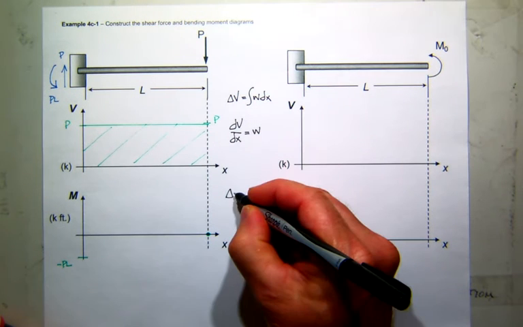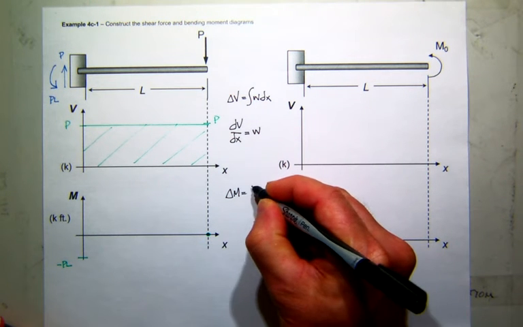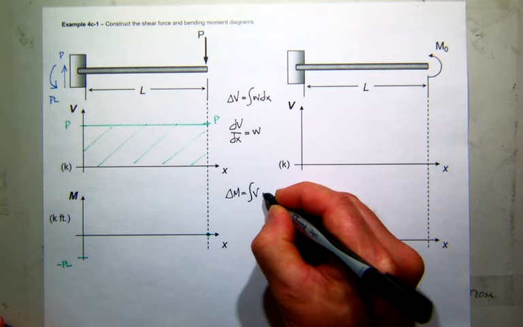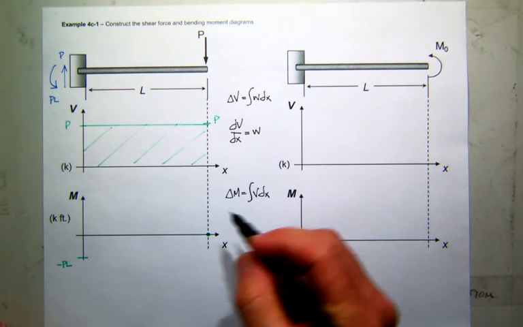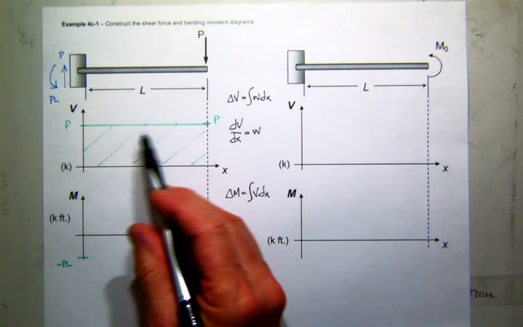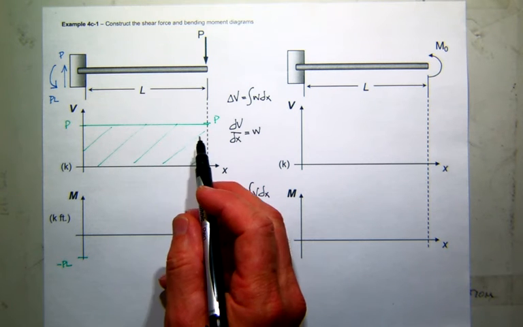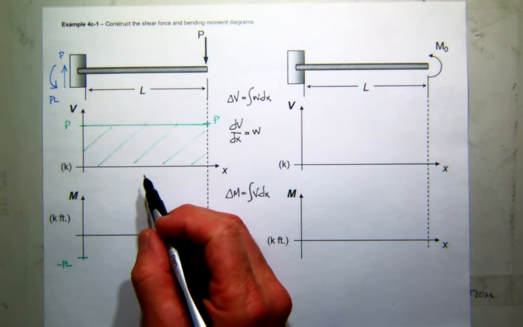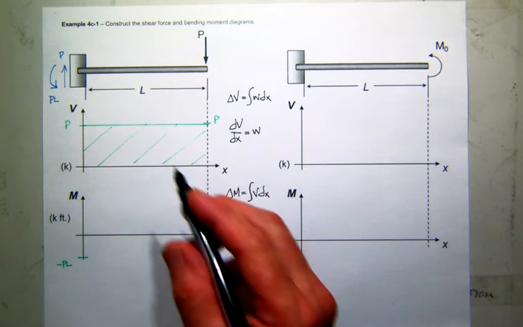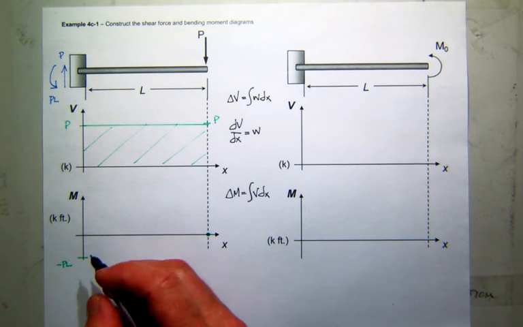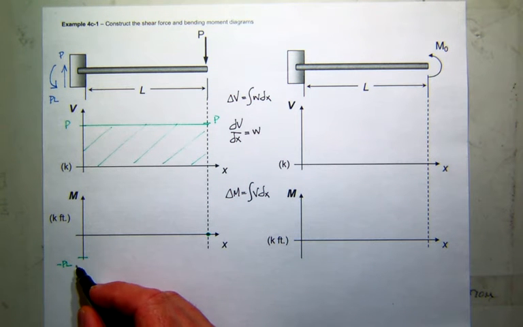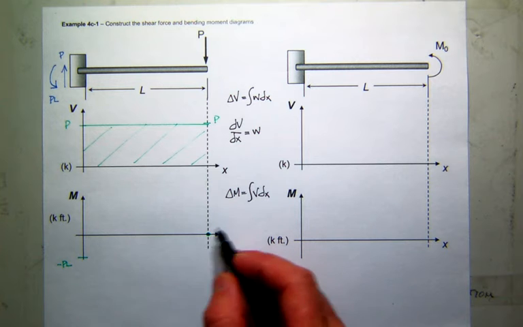My relationships tell me that the change in moment should be equal to the area under the shear diagram. What's the area under my shear diagram? It's a rectangle. The area is base times height. So the base is L, the height is P, so the area is PL. So if I start at negative PL and I add PL, what do I get?